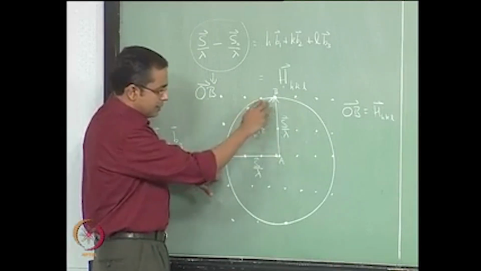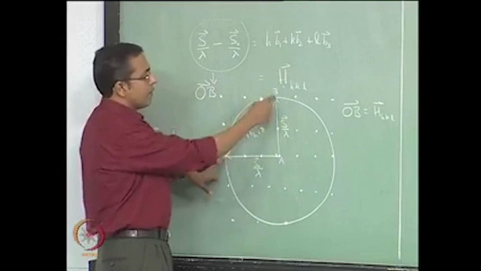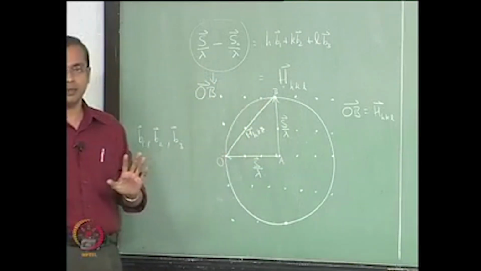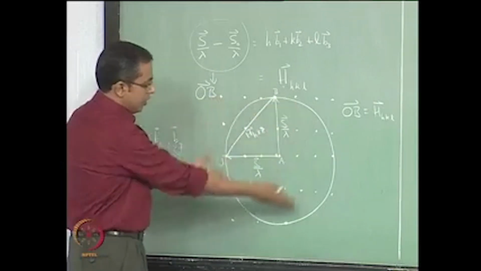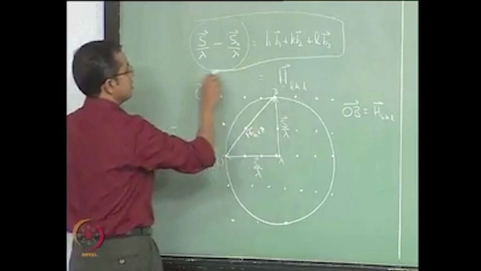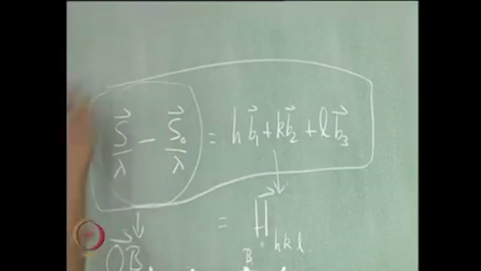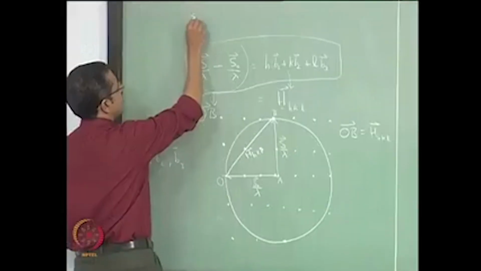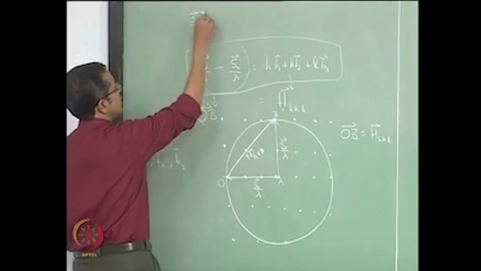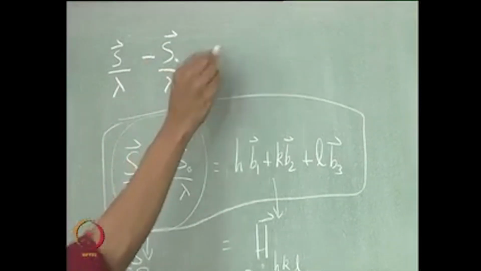So the circle touching any of these points implies that the difference between these two vectors is now a valid reciprocal lattice vector, and therefore a circle touching any of these points satisfies this equation with this being true. So it satisfies the equation s by lambda minus s naught by lambda equals H, K, L.